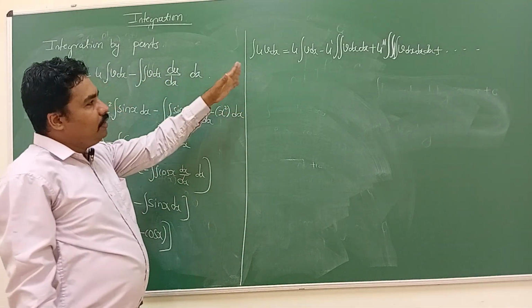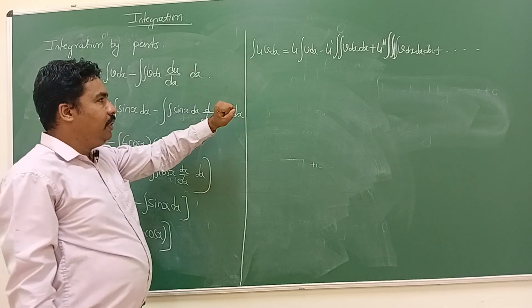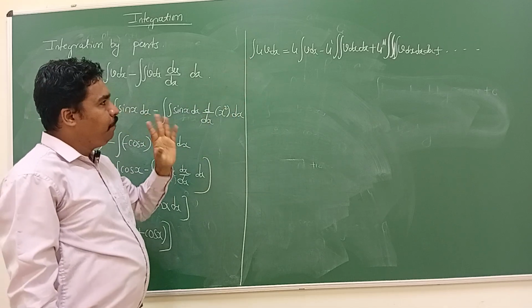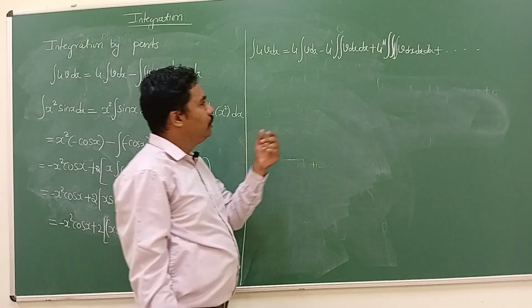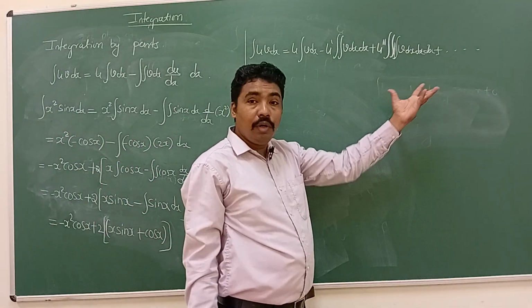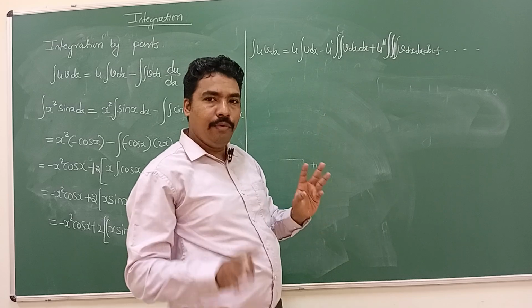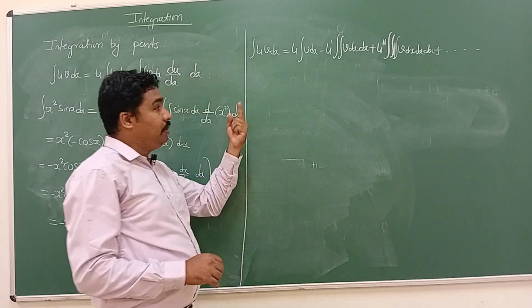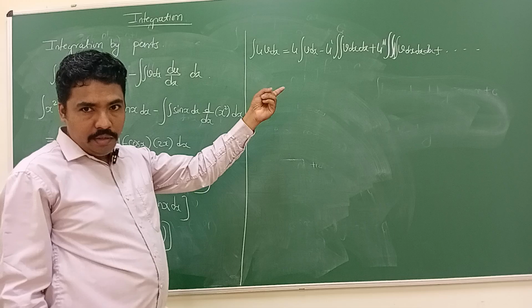It is mainly used in engineering problems to simplify the integrals. Don't have any fear of double integration, triple integration. It is very simple if you understand the logic of this sequence or series.